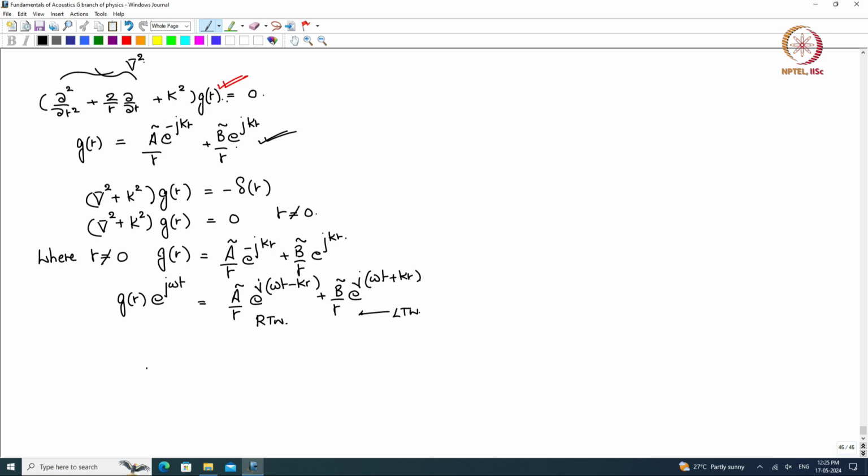Now, because we are in a spherically symmetric coordinate system, the first wave will be outgoing, the second wave will be incoming.